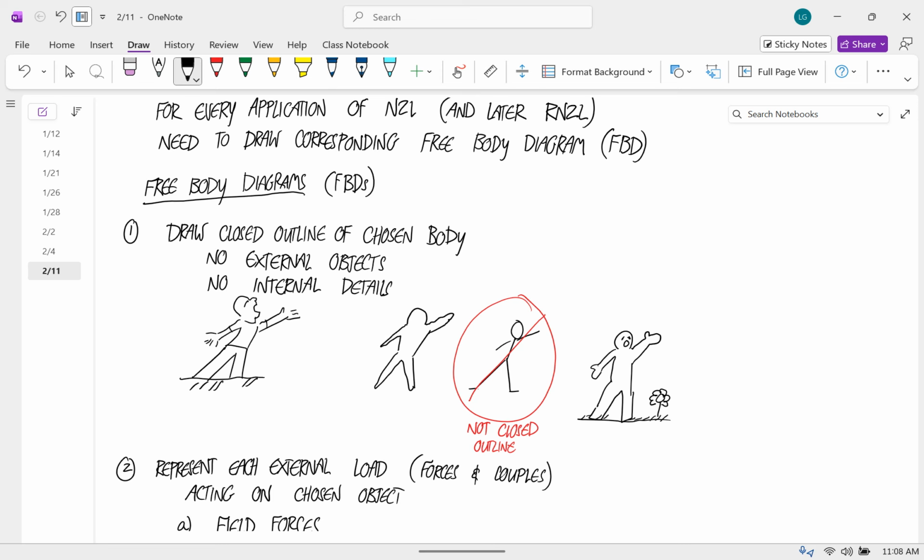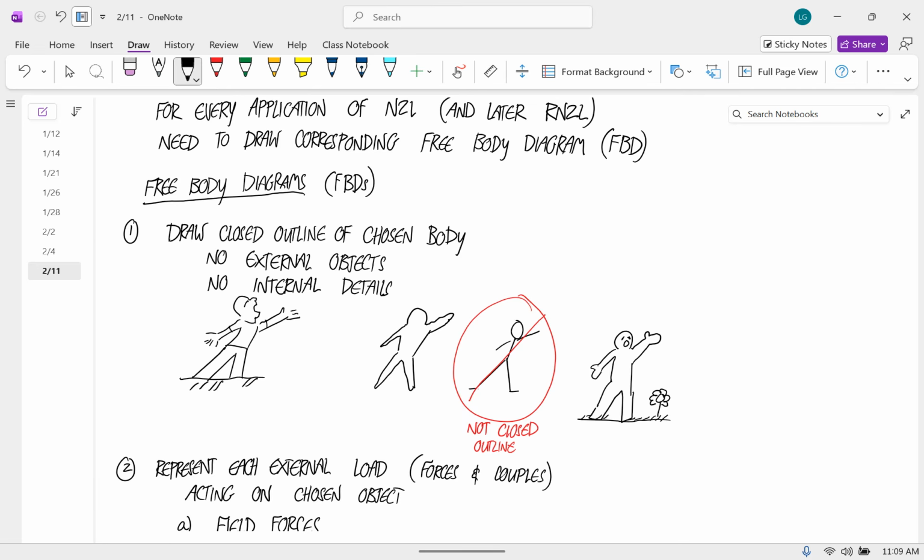But there are other forces going on inside his body. The blood is applying forces to the heart, all this stuff's going on inside your body. Why are we glossing over that stuff? Because we're not putting any of that stuff in here. It's internal, and that's why we don't put it in.